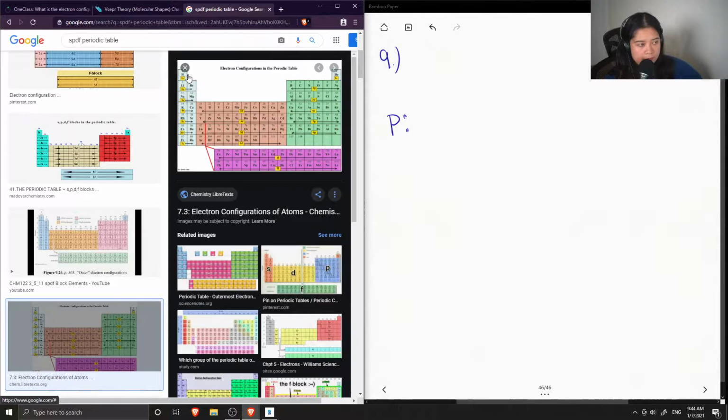So starting from hydrogen, we move left to right up to the element that we're looking for, which is phosphorus. And as we go down the periodic table, we write the block number or the row number followed by the block letter, and in the superscript, how many electrons are in that orbital.